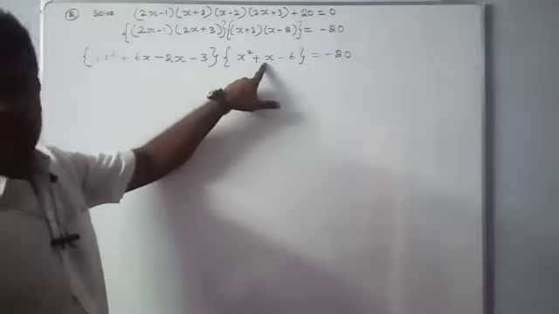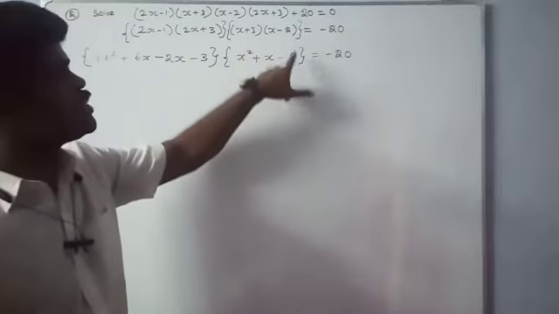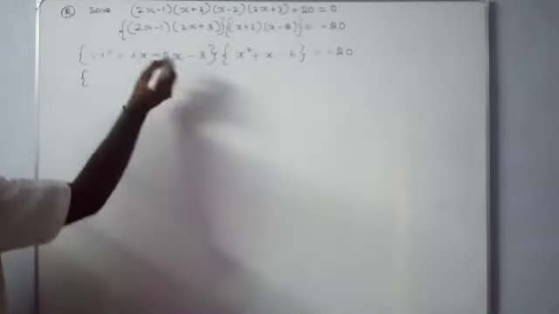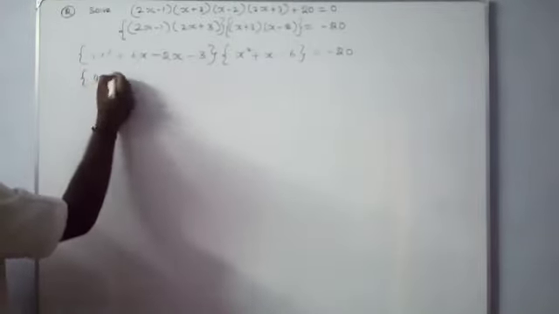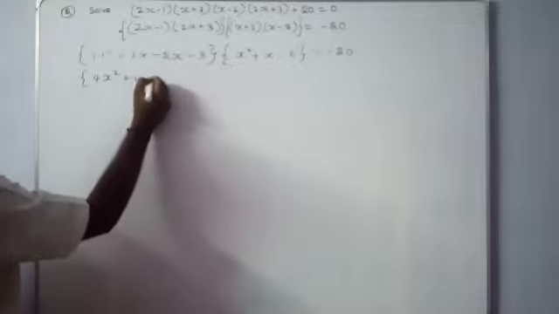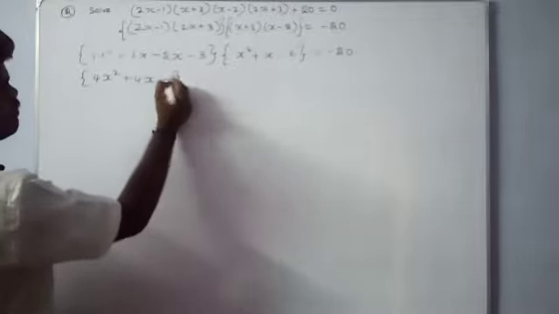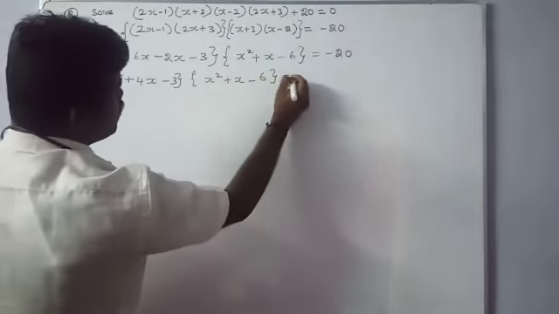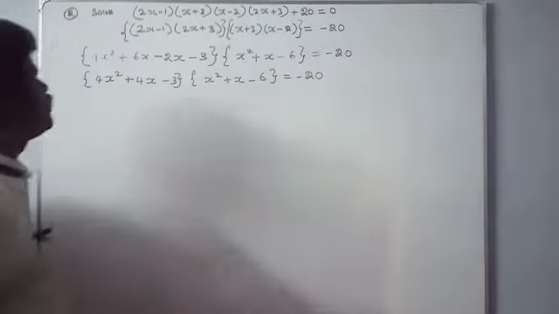Directly we can write sum of the root is 3 minus 2, 1, and the product of the root is 3 into minus 2, minus 6. Okay, right. Here we want to simplify this 4x square plus 4x minus 3 and this one x square plus x minus 6 equal to minus 20.